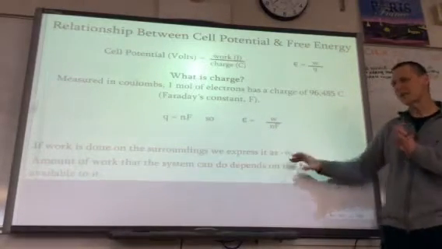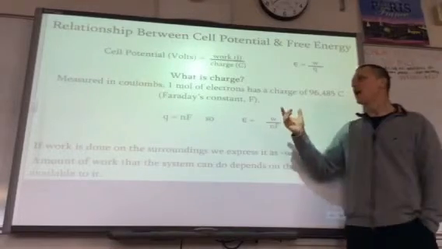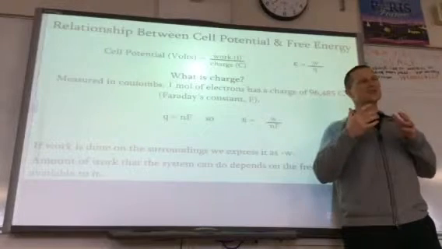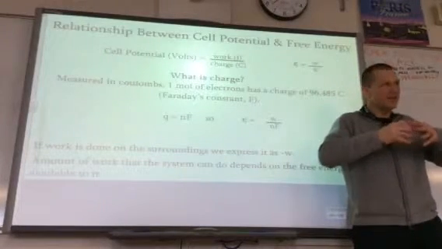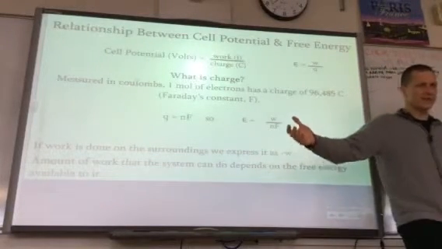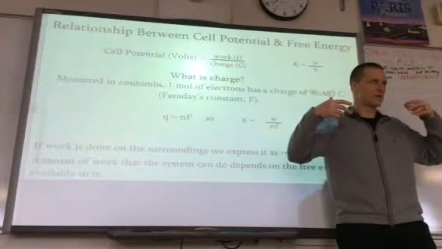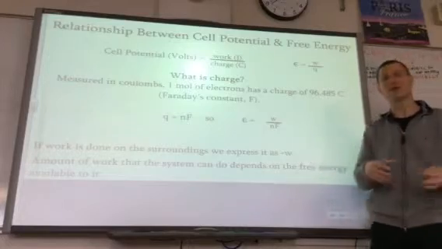Now, just something about the sign convention. Remember that useful work, I should say useful energy, is the energy that the system can do on the surroundings. A system that is having work done on it is not much good to us. But a system that can do work on the surroundings is good.